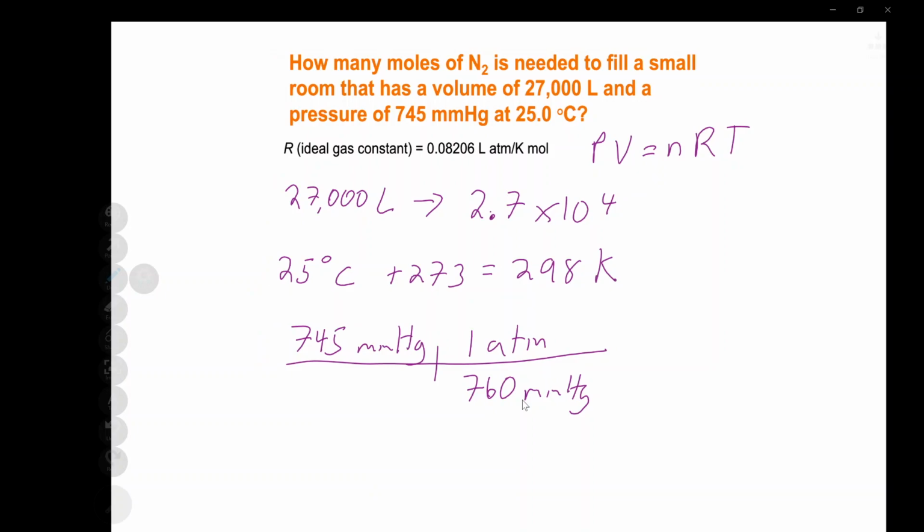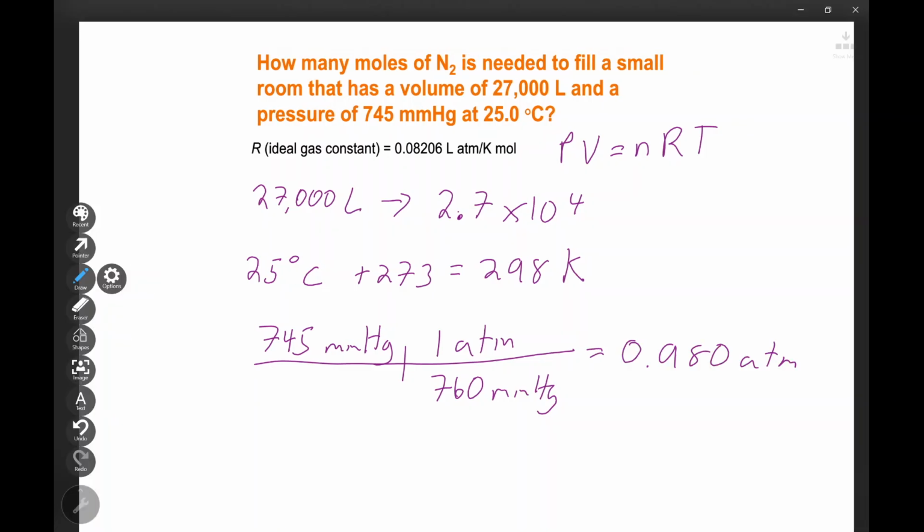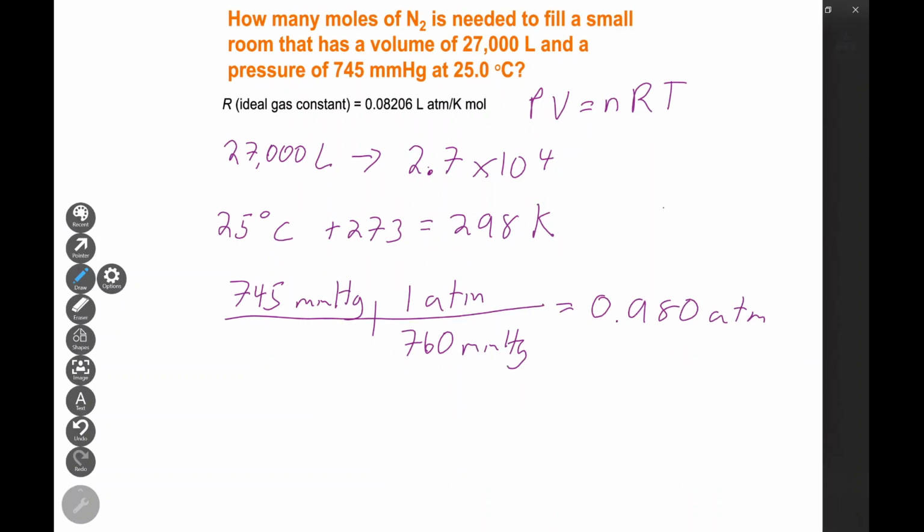And the last one, millimeters of mercury. I want to go to atmospheres, so we'll start from 745 millimeters of mercury.